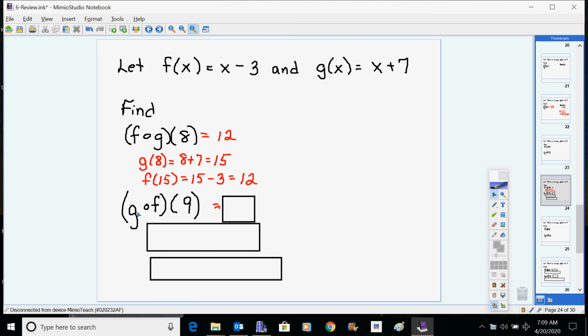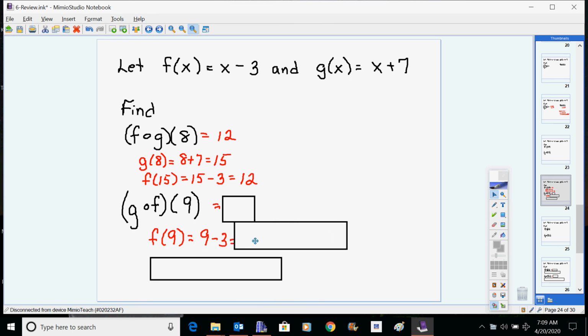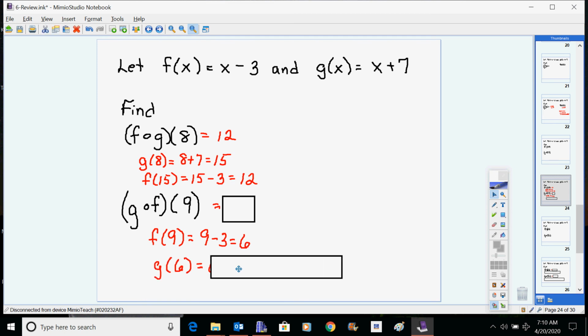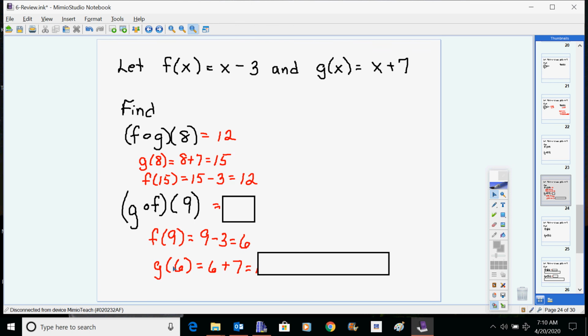Then this one, you're applying the f function first, f of 9, which means you plug in 9 and you get 6, because 9 minus 3 for the f function gives you 6. Then you apply here g of 6, and 6 plus 7, 13.